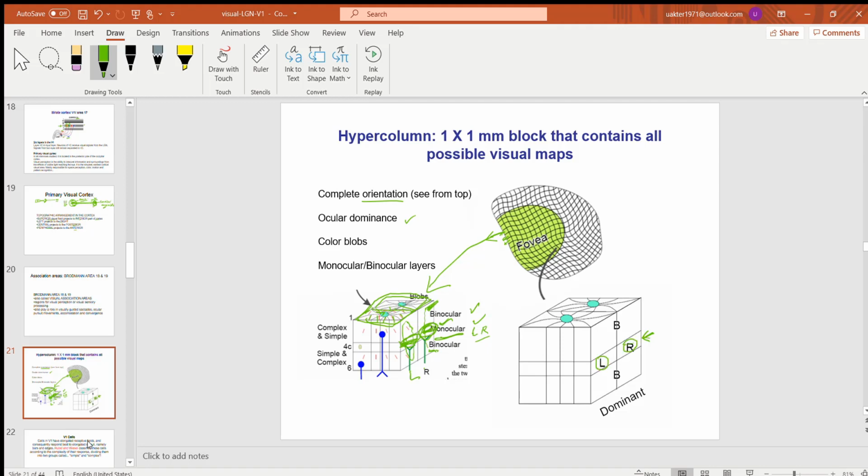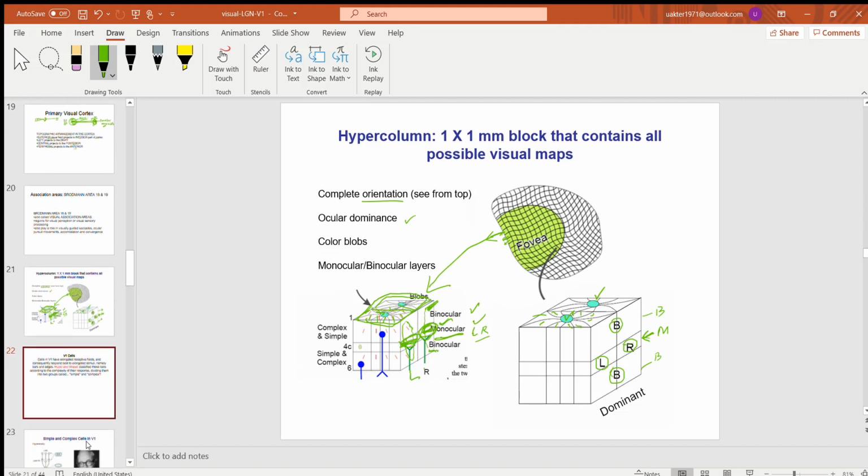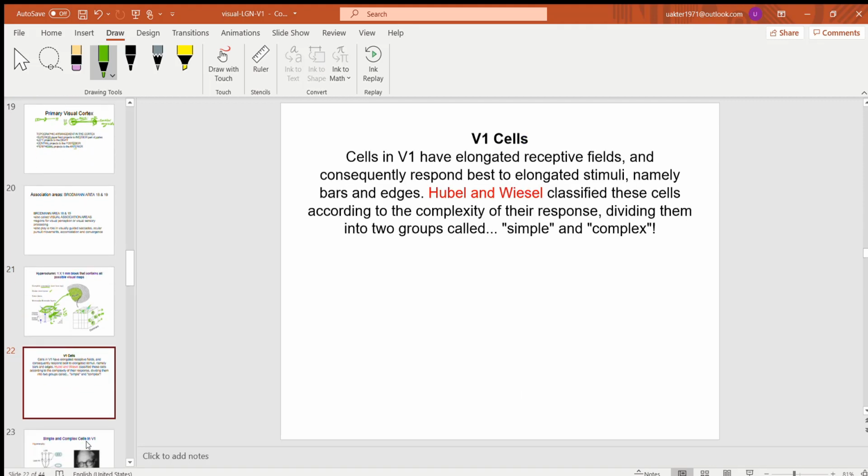This is mono, this is bino, right? They are also present. You have the color blobs, red, green, blue, and you have the orientations, different directions. Okay, map. And each hypercolumn is about 1 millimeter by 1 millimeter area.